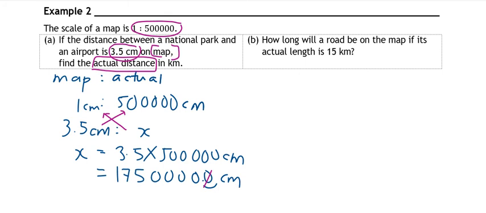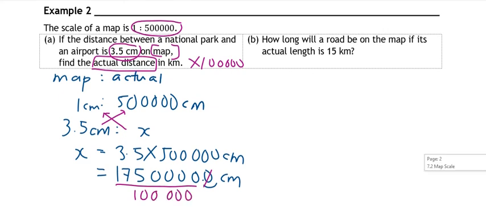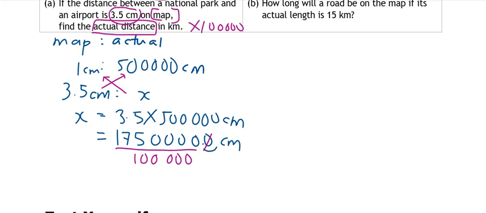So how are you going to convert this into kilometer? Remember that 1 kilometer is 100,000 centimeter, right? So you do the reverse. You want to convert centimeter into kilometer. So you have to divide this by 100,000. So let's proceed. Just give it a little space here. So here you cancel the zeros by pairs.